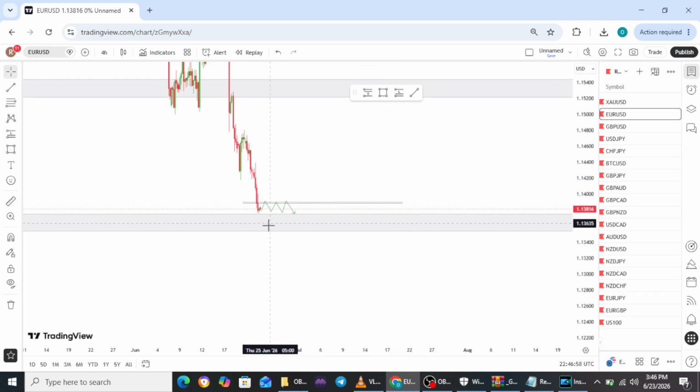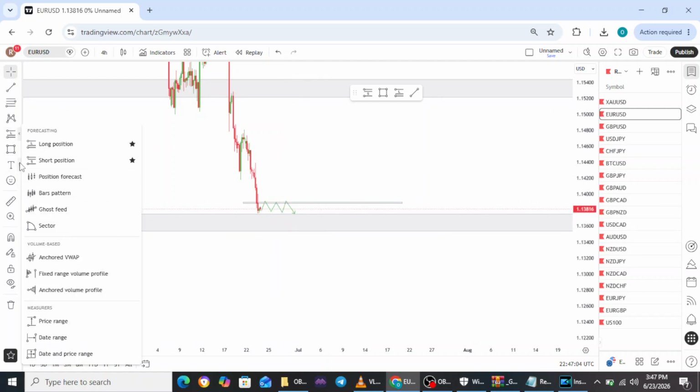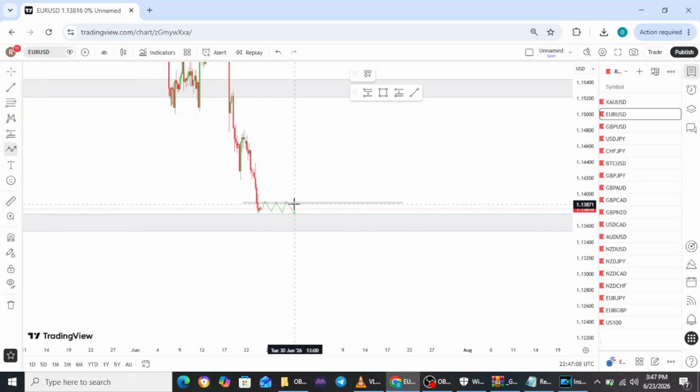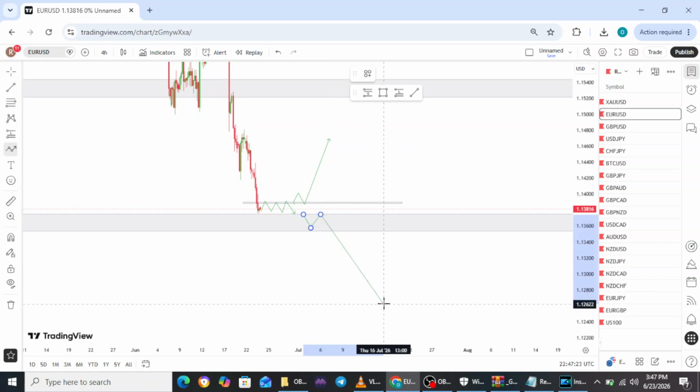For instance, let's assume the market gives us something like this. Now, what you should do is to wait for the market to break out from this level, retest, then you can take a buy to this area, or wait for the market to break from it, retest, you can take a sell.